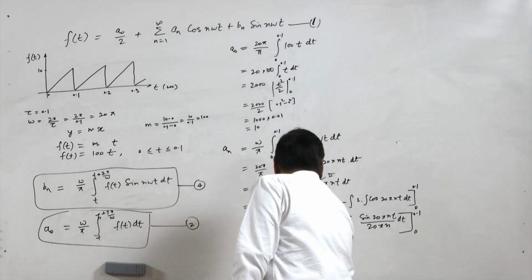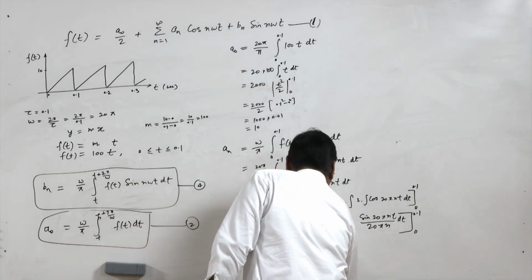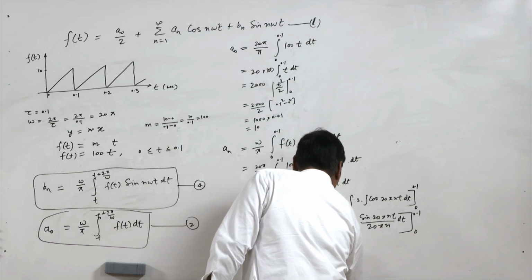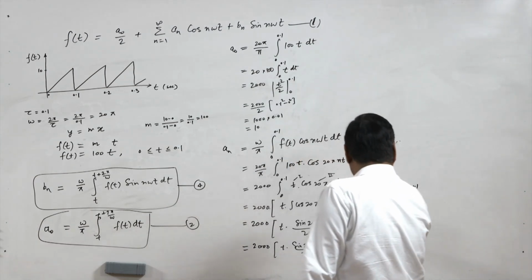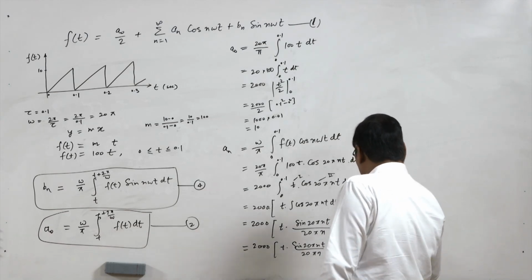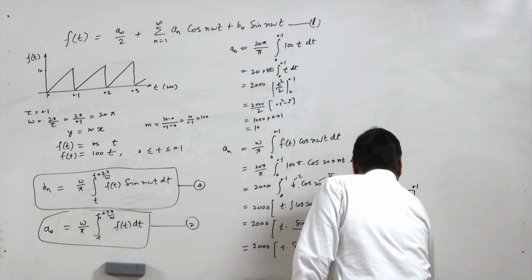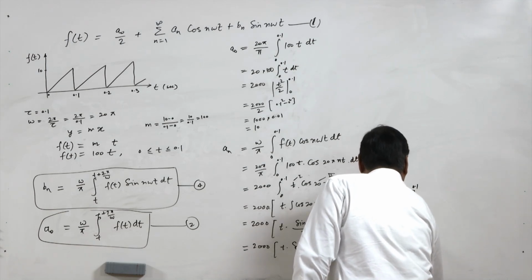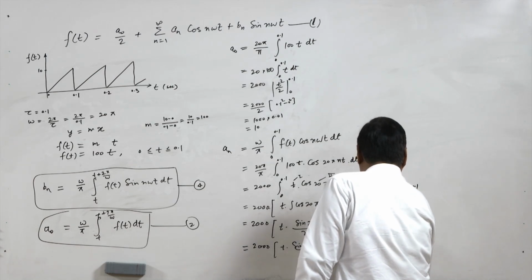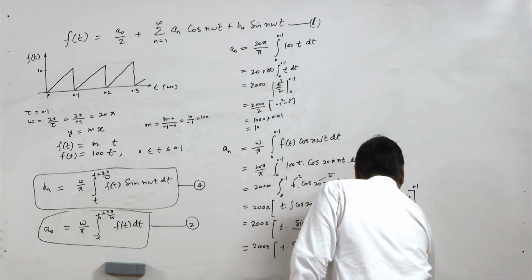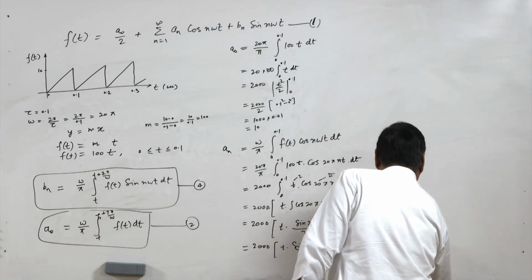So we will solve: 2000 t into sine 20 pi n t upon 20 pi n minus, so the sine integral is minus cosine, so minus minus plus, and this is cos 20 pi n t by, 20 pi n again will be multiplied here, so 20 pi n square, and this limit goes 0 to 0.1.